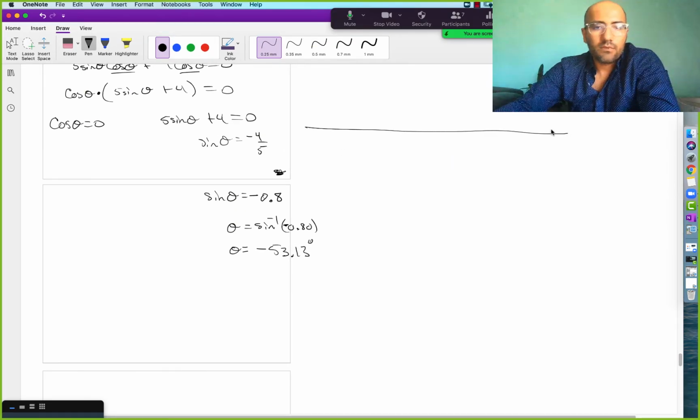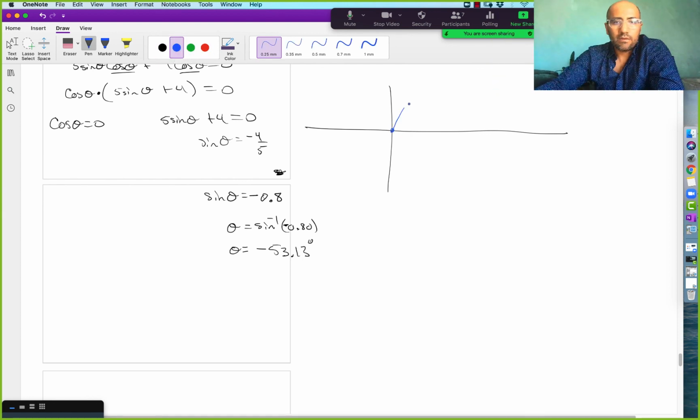If we think about the sine function, it comes up, comes down, and repeats. Remember that the sine inverse function is only valid for this little segment of the sine function. So when we asked what value gives negative 0.8, it said this angle over here, negative 53.13. But there's another one.